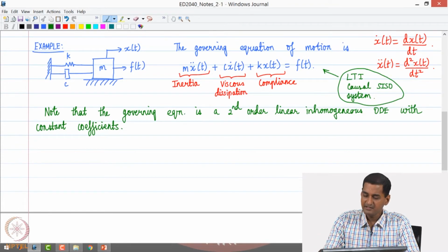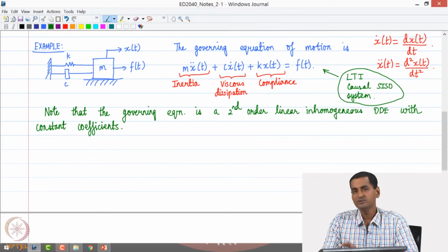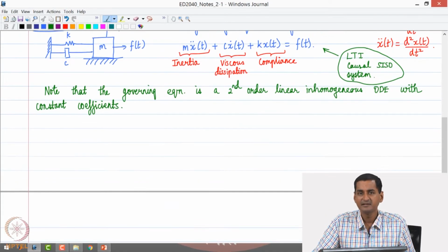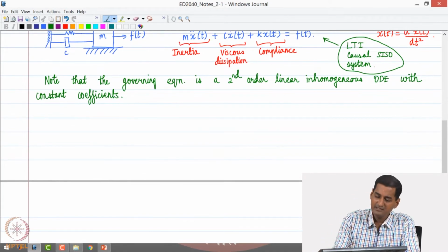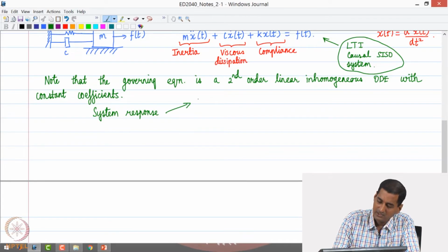If we look at the response of the system, we are going to revisit these concepts in detail later, but if you look at the system response, we are going to have two components. One is due to the presence of any potential non-zero initial conditions.